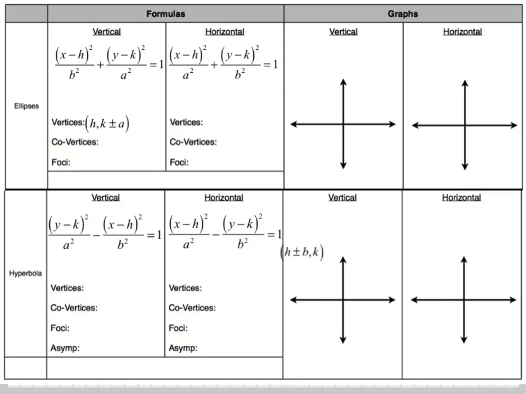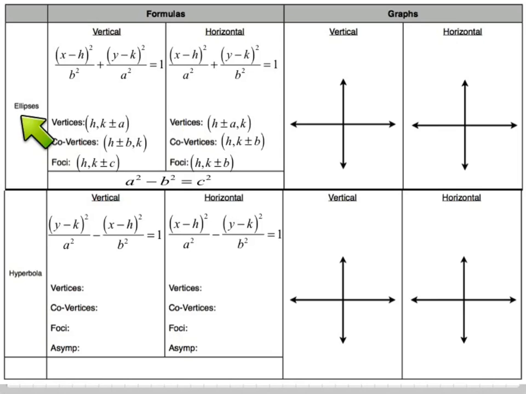Here are your vertices and your co-vertices for the ellipse. This guy right here is what we use to find the c. That's going to help us find the focus point. There's your vertices, co-vertices and foci. So I heard it say foci or foci for the horizontal ellipse right there.